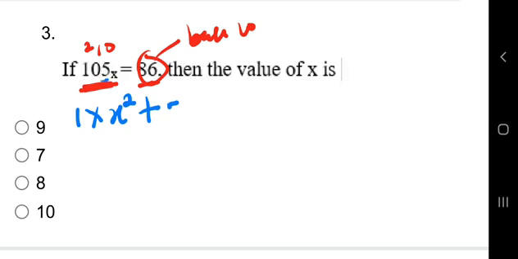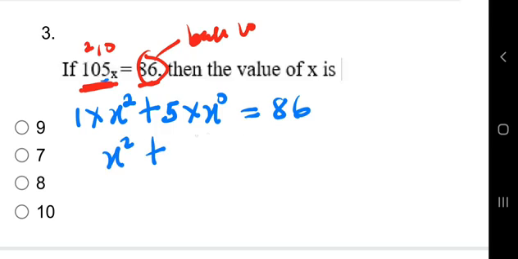So that means 5 multiplied by x raised to the power 0 equals 86, right? So this will give us x squared plus 5 multiplied by x raised to 0, which is 1, equals 86.